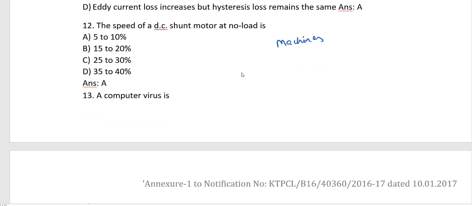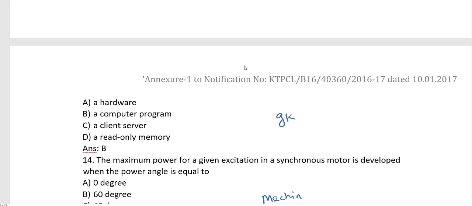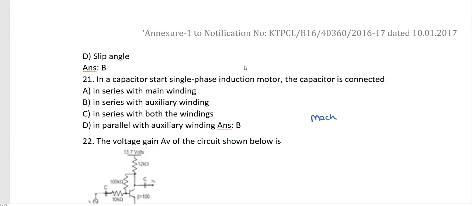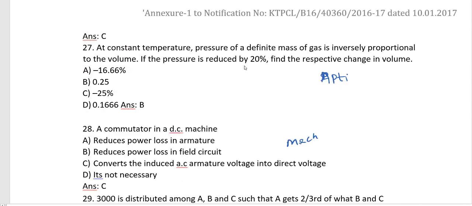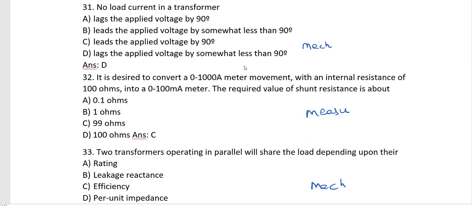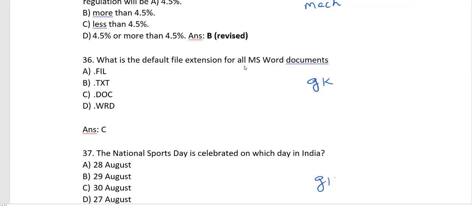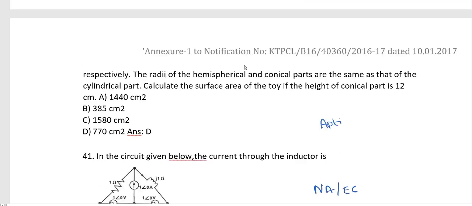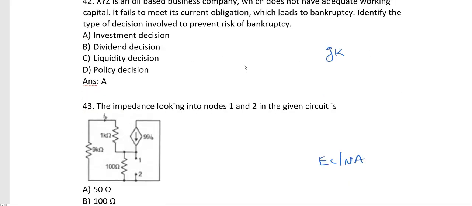So overall, in KPTCL AEE 2017 they have given 80 to 90% of their questions from machines only. Some questions are taken from analog electronics and some from measurements and network analysis or electrical circuits.